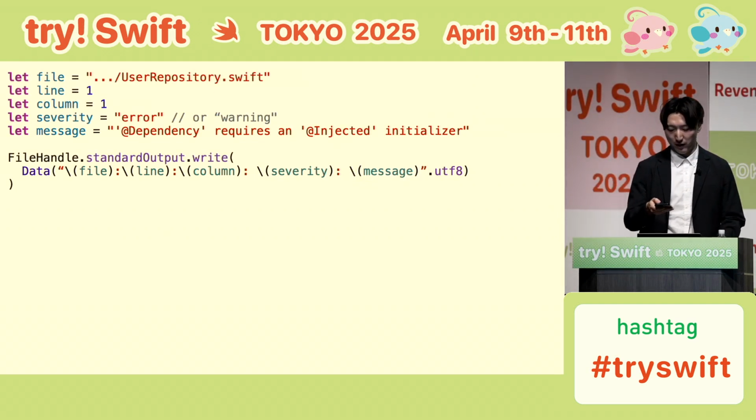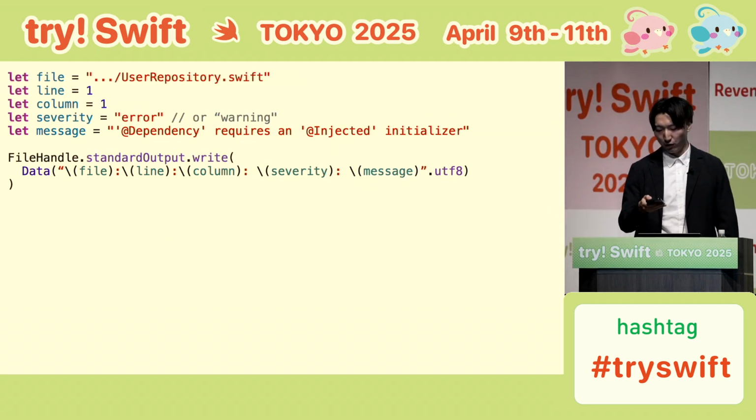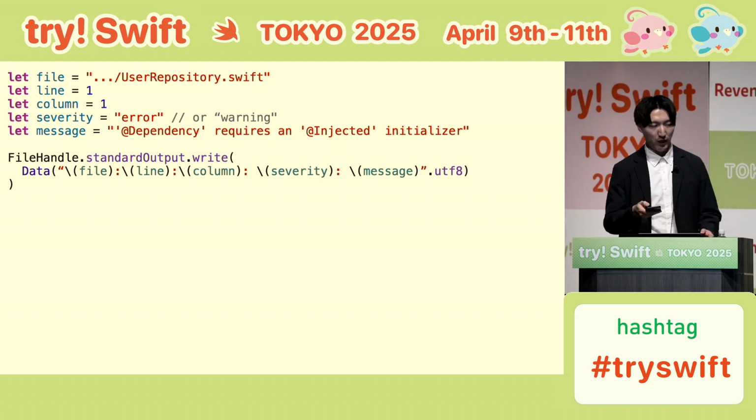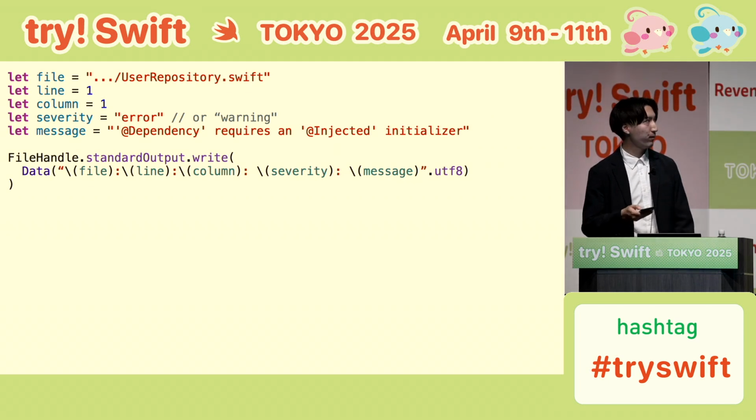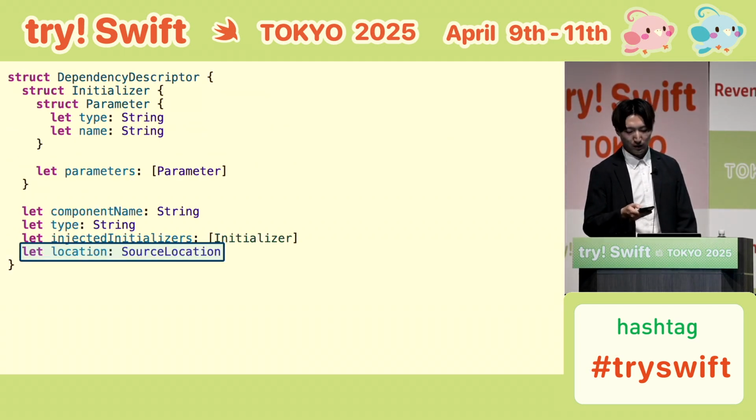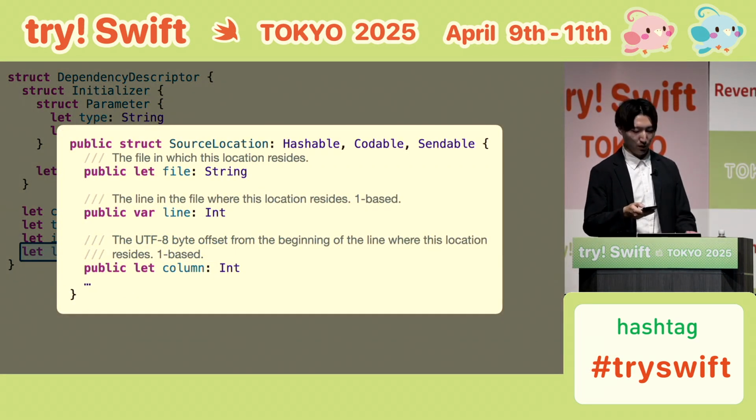To specify where the message should appear, we need to know the source code location of the error. To handle this, we add a source location property to the descriptor. SourceLocation is a structure provided by SwiftSyntax that carries file, line, and column information.